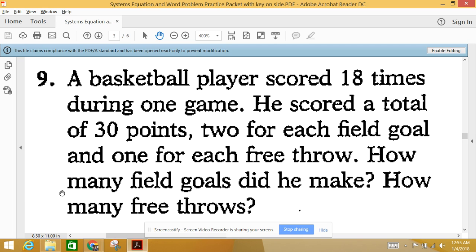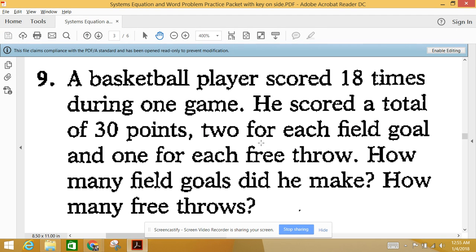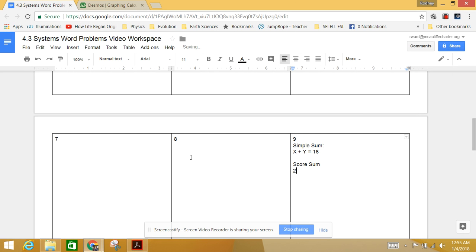So I'm going to use X for field goals and Y for free throws. X plus Y equals 18. And then we have the score sum, which is going to be, well, if field goals are worth 2 and free throws are worth 1, that's 2X plus 1Y equals a total number of points of 30.